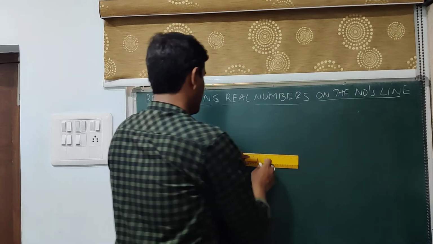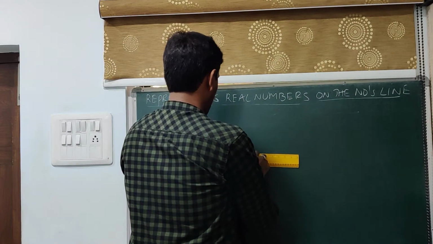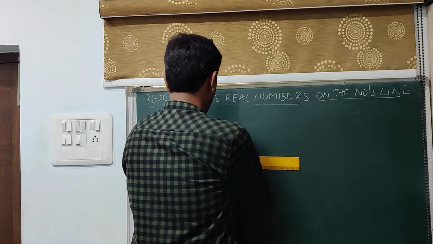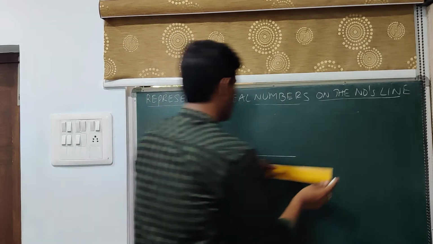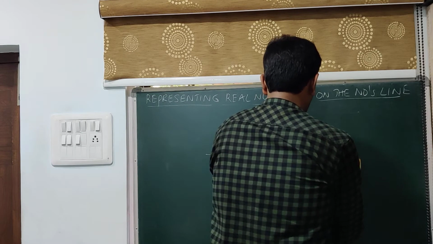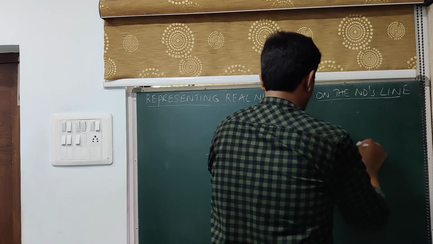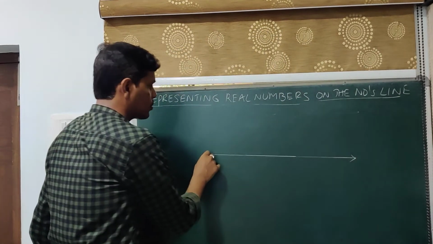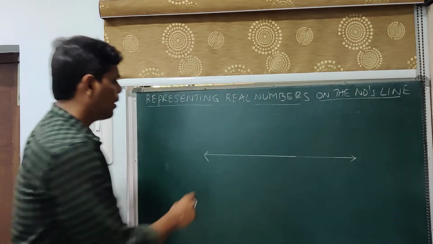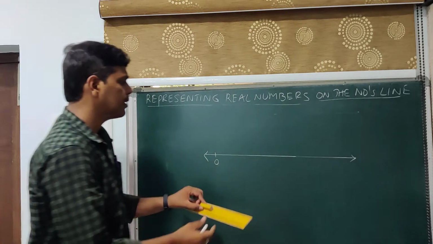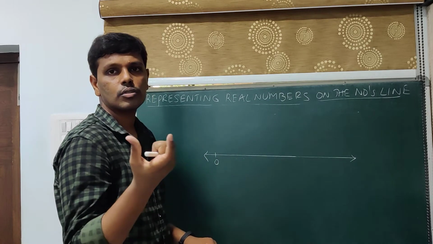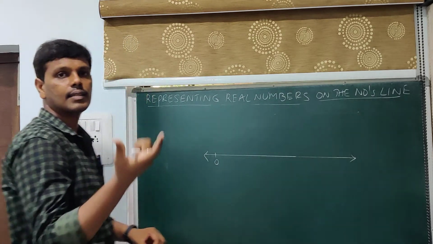So draw a straight line. This is your straight line. And choose a point, name it as O. Now choose any length, and whatever length you choose, I'm taking that length as 1 unit.